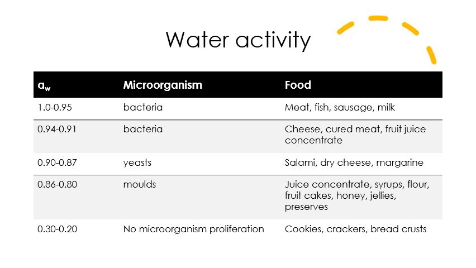food, such as meat, fish, sausage, milk, and cheese, have high water activity. At lower water activity, around 0.9 to 0.87, this range is no longer favorable for the growth of bacteria, but yeast can still survive.